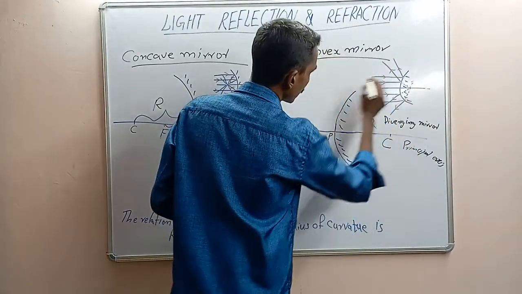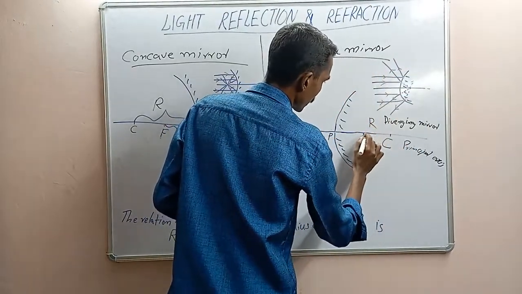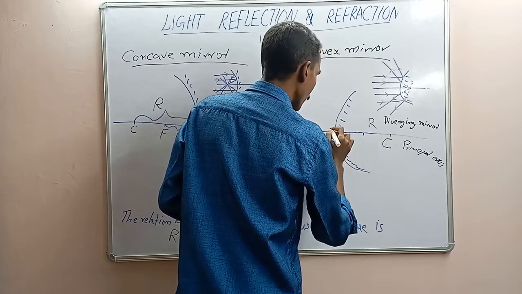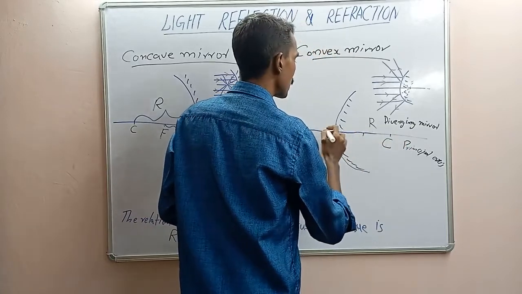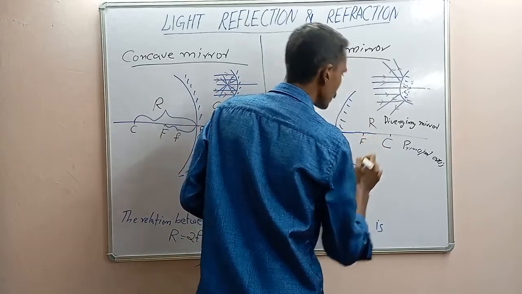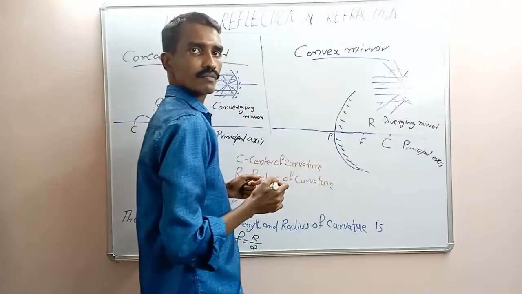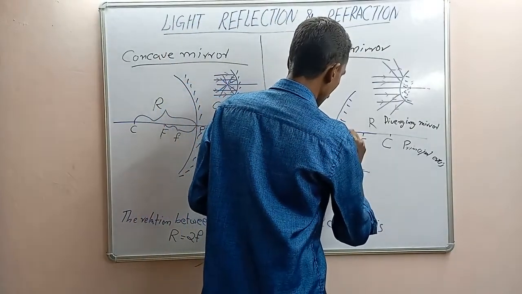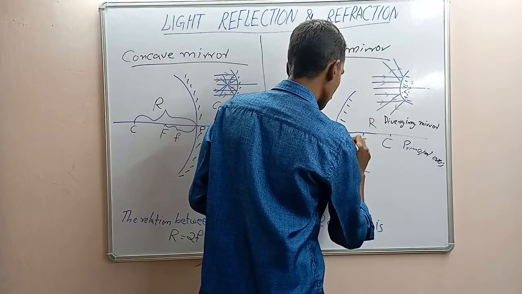The middle of the center of curvature and the pole, that particular point here is also the focus. Similarly, the distance between the pole and the focus is known as the focal length.